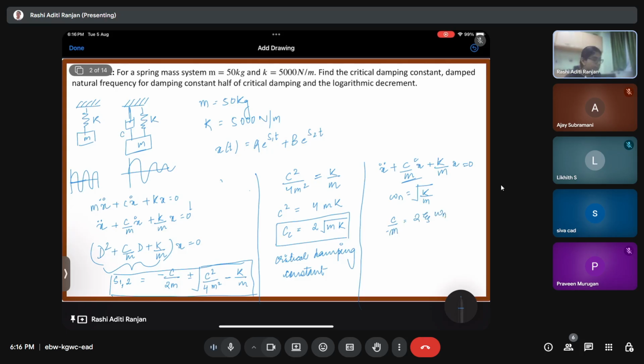And you can do that also. How? See, if you have C by M and if you multiply it by this and divide it by this, you get C by CC as this, and then you have CC by M. Okay. So this can be written as what?